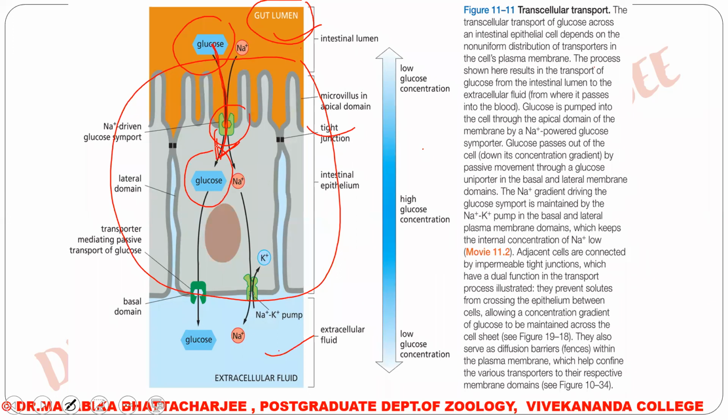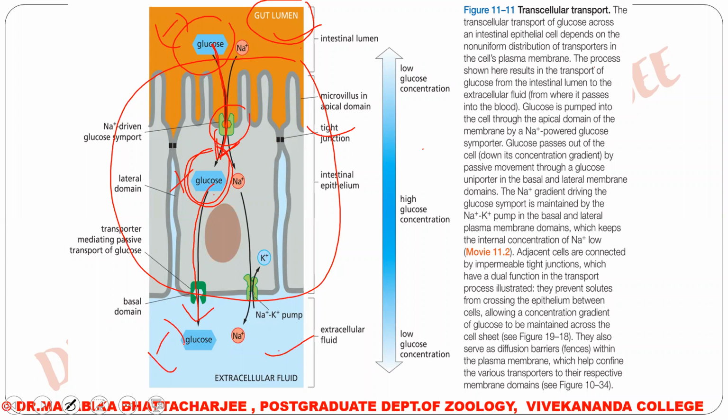So the moment glucose enters the cell, glucose is in higher concentration here. In the extracellular fluid, the concentration of glucose is low. So here, glucose thus travels across this membrane from a higher to a lower concentration. So glucose is high here, keep it in mind. Glucose is low here.